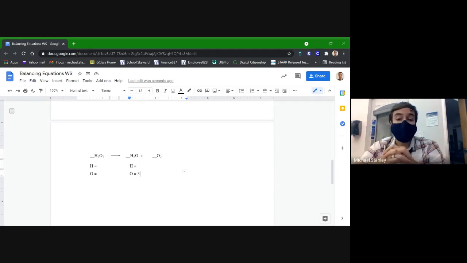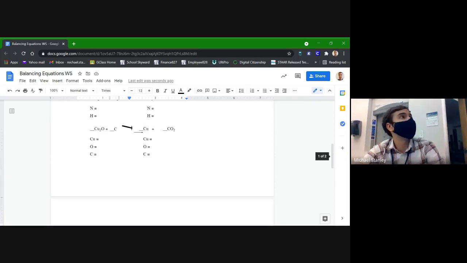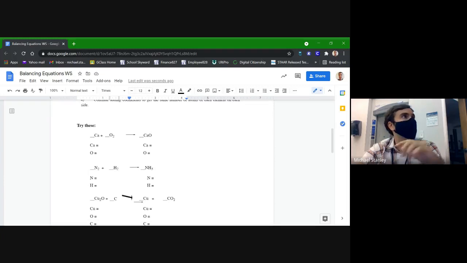But this is a completion grade, which means that as long as you try and put down an answer on all of these equations, even if it is not the correct answer, you'll still get full credit on the assignment when you turn it in. So I think this is a 5-point assignment.